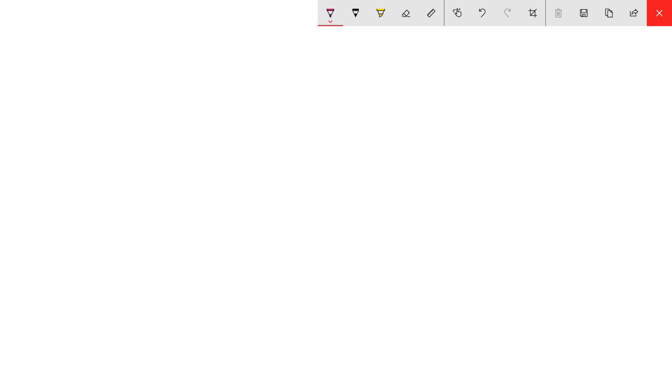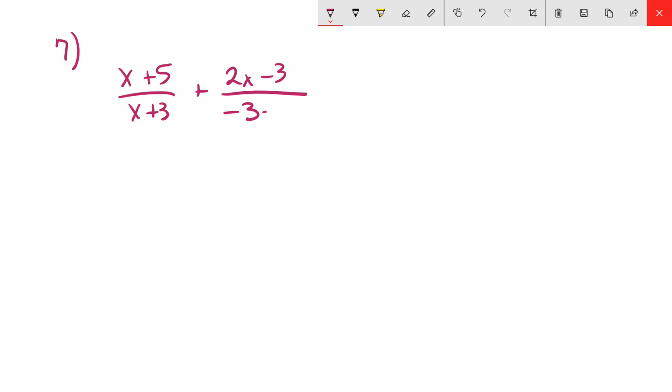All right, let's clear this. We're going to go on and do number 7 here. This is another example of the same sort of thing. I just wanted to show you something. Say I have x plus 5 over x plus 3 plus 2x minus 3 over negative 3 minus x. One of the things that the book said is that we can change 2 signs.